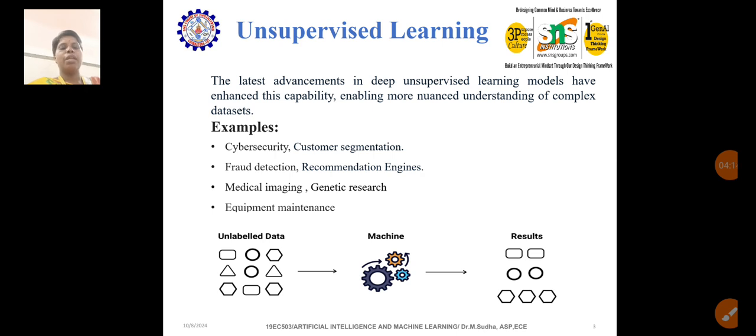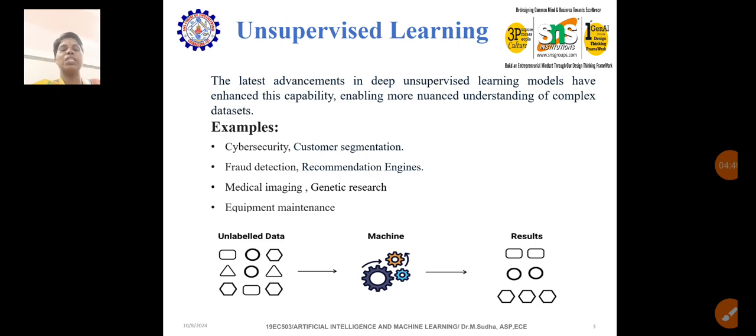All the shapes are there, but we are not going to label any data. These inputs are fed to the machine, where we use machine learning algorithms. A few kinds of machine learning algorithms we will see in detail in this unit and in the upcoming slides.